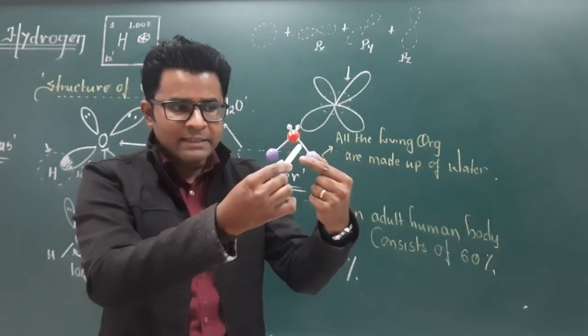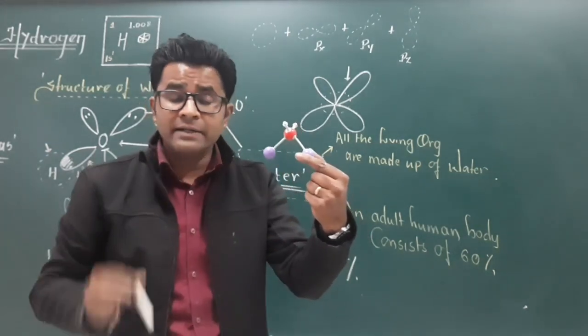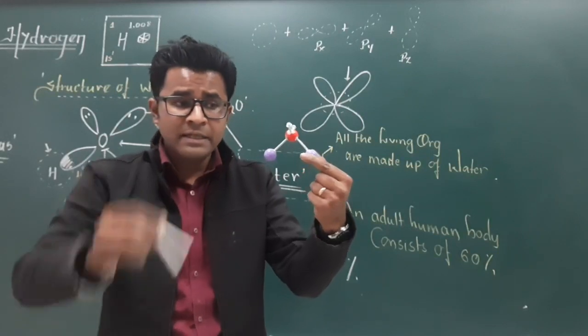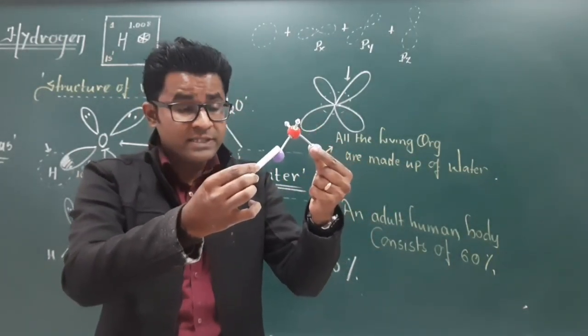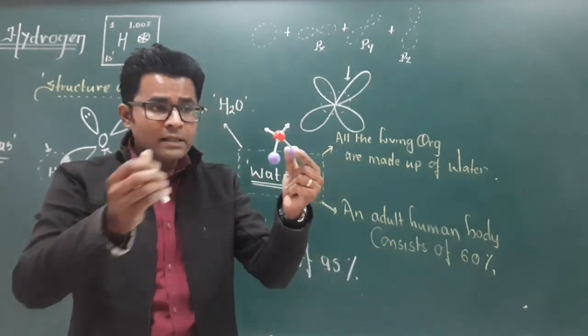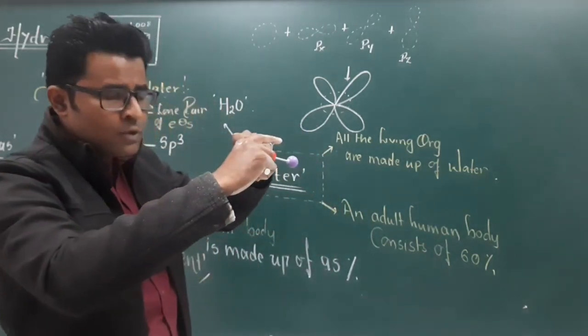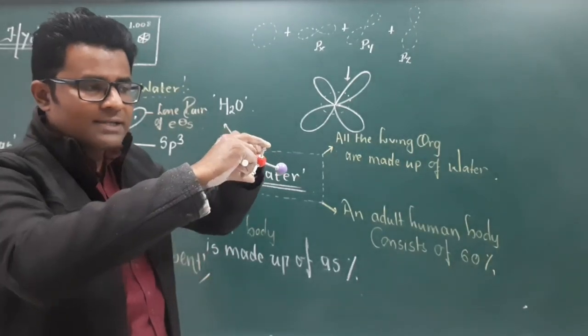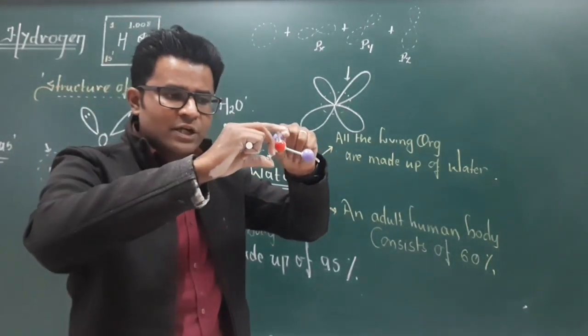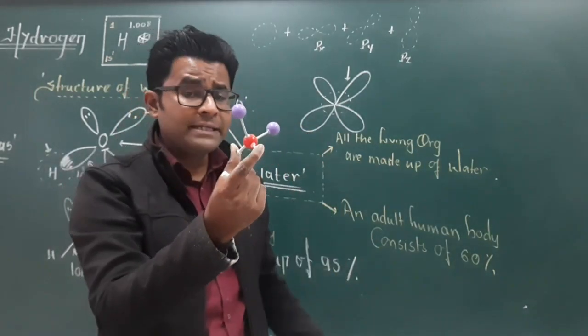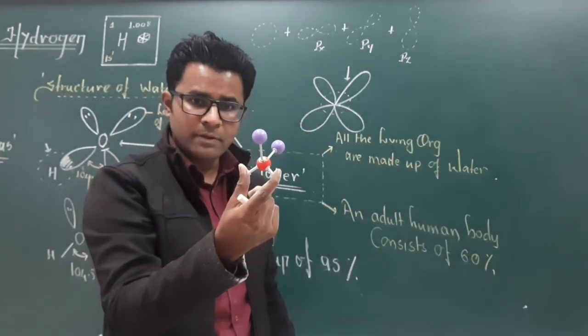The bond angle here is going to be 104.5 degrees. The bond length is going to be 95.7 picometers. While these two are representing a lone pair of electrons. So this particular structure is called the bent structure. Right? So now going further.